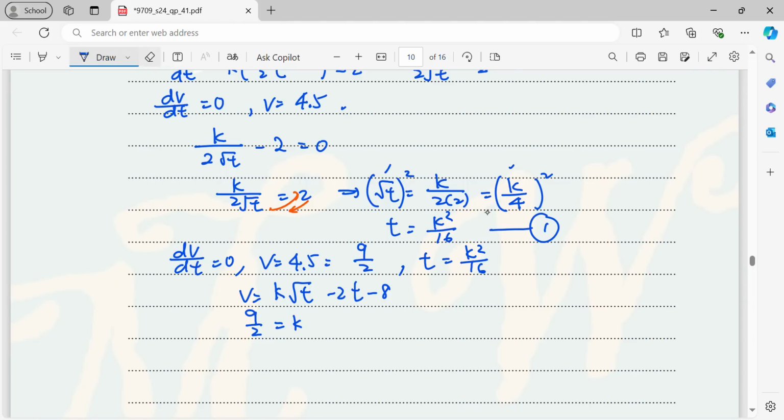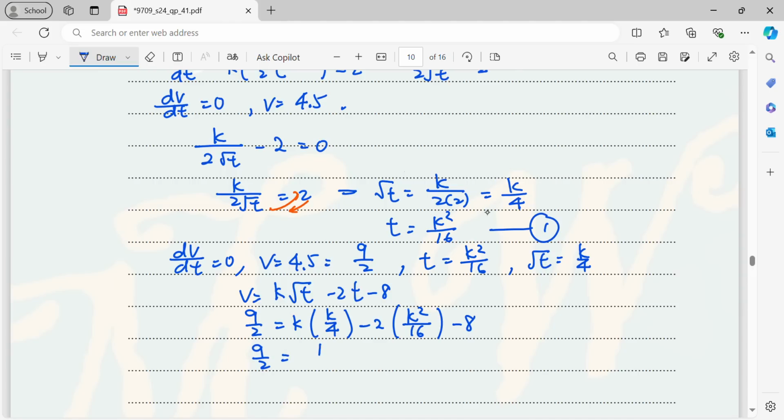Then you can see clearly, I say that my square root t is equal to k over 4. So now you replace, it will be k times k over 4, then minus 2 times my t, k squared over 16, then minus 8.